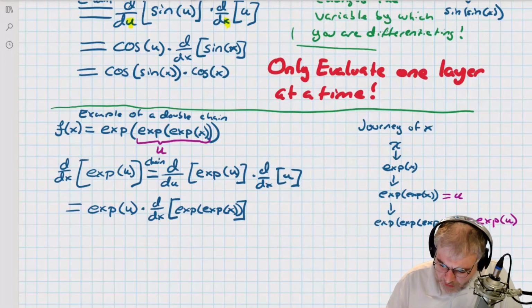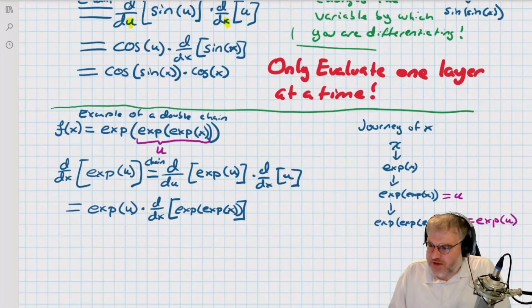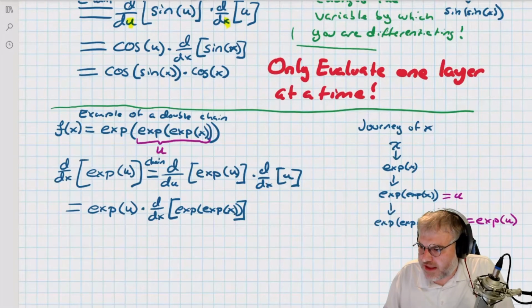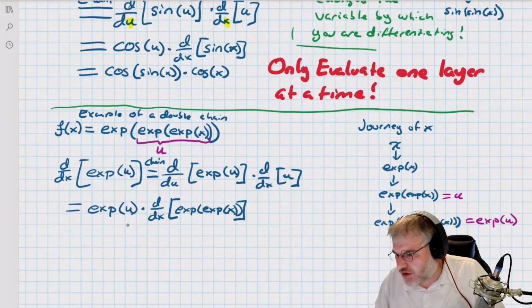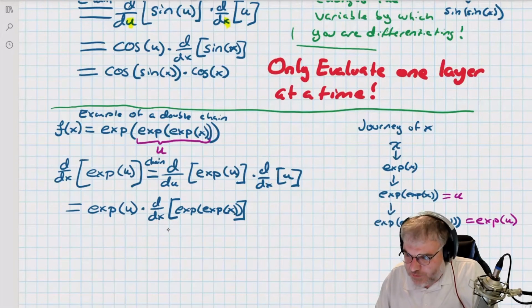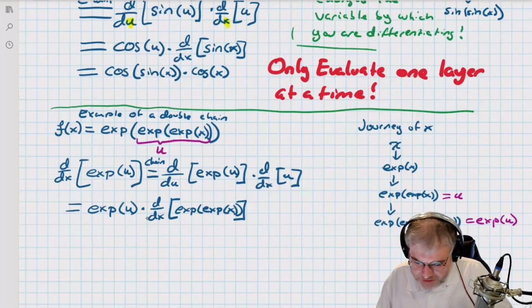Well, now I'm going to go in again. So notice my derivative problem is now easier, right? I've got this term where no calculus needs to be done. And now I've got this term where I still need to do calculus. So my problem now is this. This becomes my baggage.